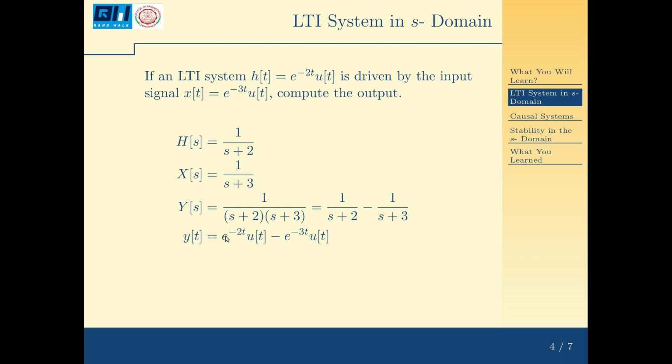And s equal to minus 3 is a pole, with residue 1 by minus 3 plus 2, that's equal to minus 1. So it is 1 by s plus 2 minus 1 by s plus 3. So the output y(t) is e raised to minus 2t u(t) minus e raised to minus 3t u(t).